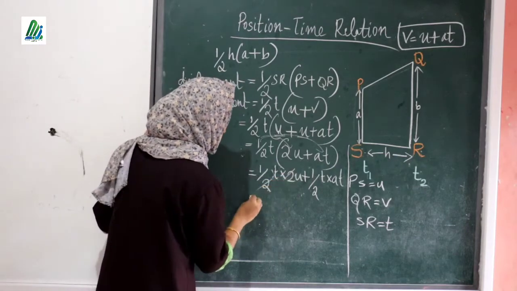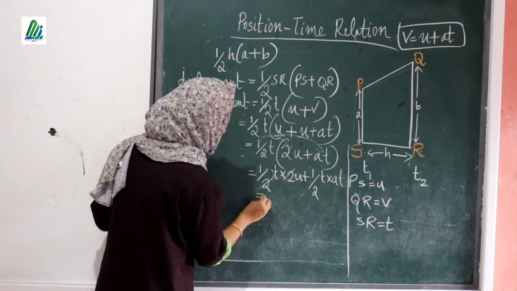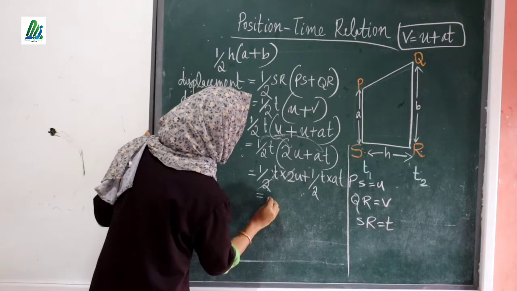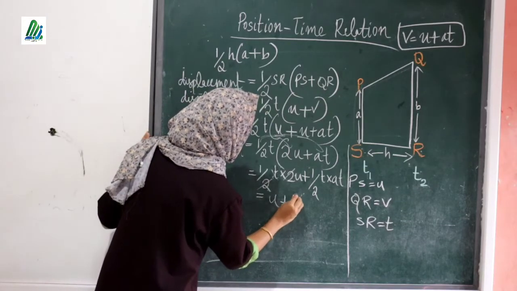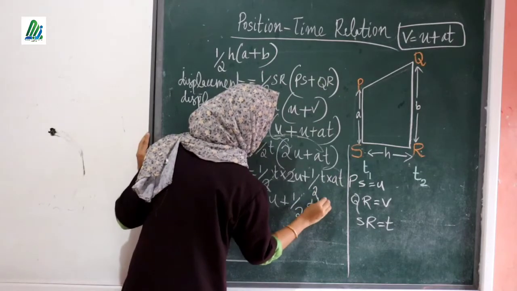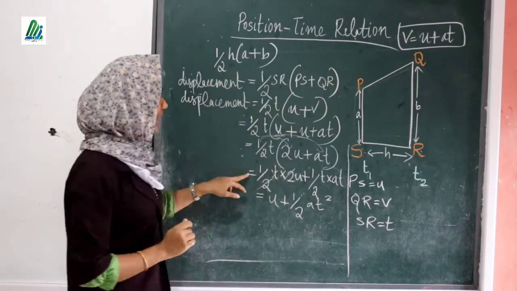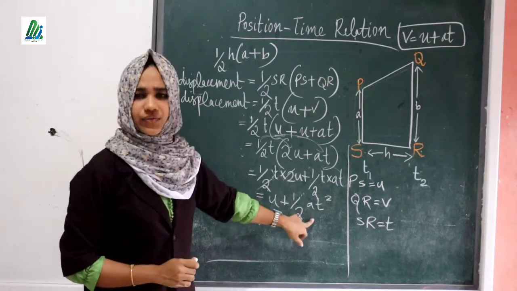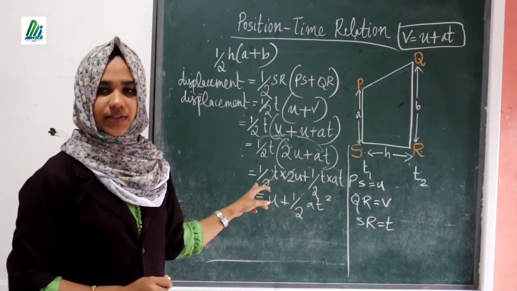So this will multiply, then we get u t plus half at square. Is it clear?